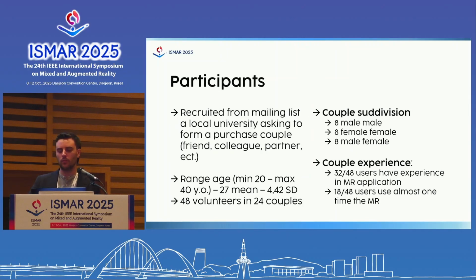About the participants, we recruited via mailing list from the student university, from purchasing couples, friends, colleagues, or partners. We collected 48 participants divided into 24 couples, and the average age is 27.